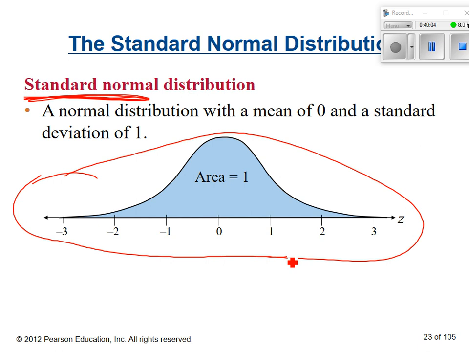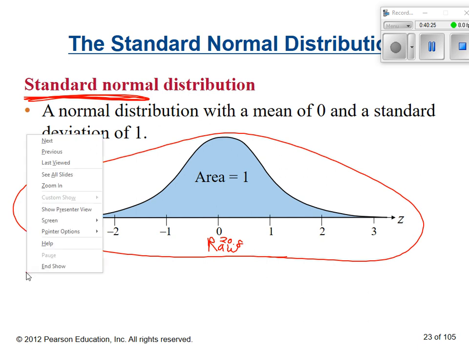Then you go 1, 2, 3 on the right, -1, -2, -3 on the left. So that's standard normal. If we were just doing the normal distribution, you would have your raw scores here instead of your z-scores. So it might be the 20.8, and then going up by 5 or down by 5 each time.